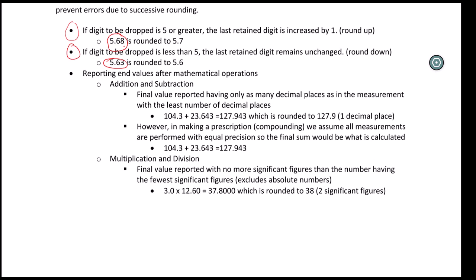If you're doing addition and subtraction and we're talking about significant figures, right? So if you had to add these values together, your final answer would be this, 127.934. If you wanted to round to 1 decimal point, you would have that 127.9.